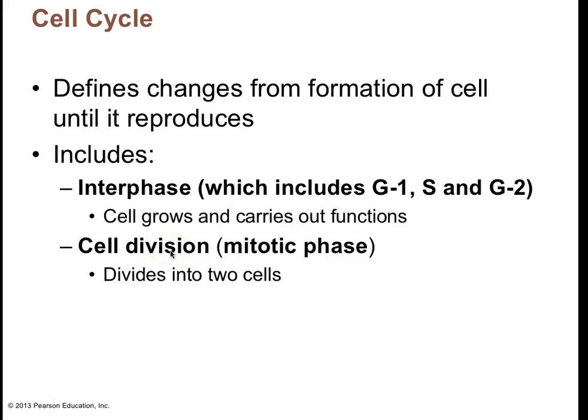Along comes biochemistry and molecular biology and cellular biology, and now we start to realize that interphase is quite complicated, and it's going to include 3 subphases, G1, S, and G2, which I'll explain in the next slide. And the old terminology, though, has stuck.